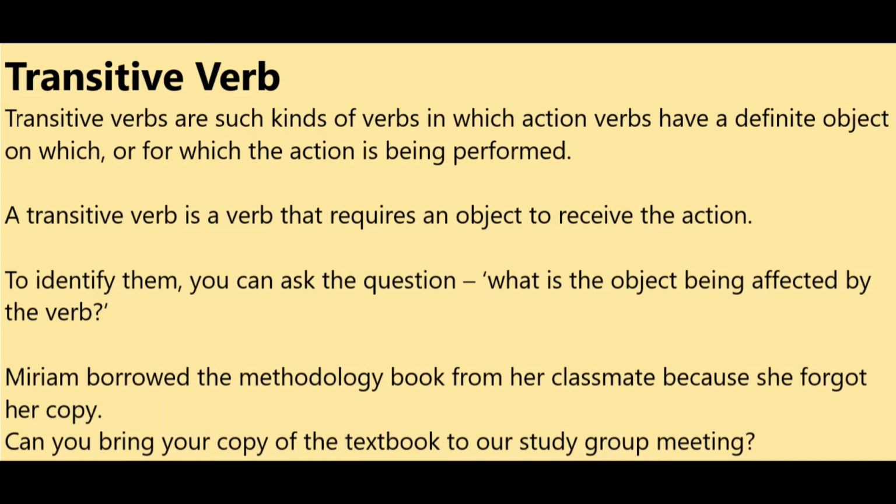So here Miriam borrowed something. What did she borrow? The methodology book. So that is the object. The methodology book was borrowed by Miriam. That is the object of this sentence. So you can see the perfect object is there, and that forms the transitive. So borrowed is a transitive verb.